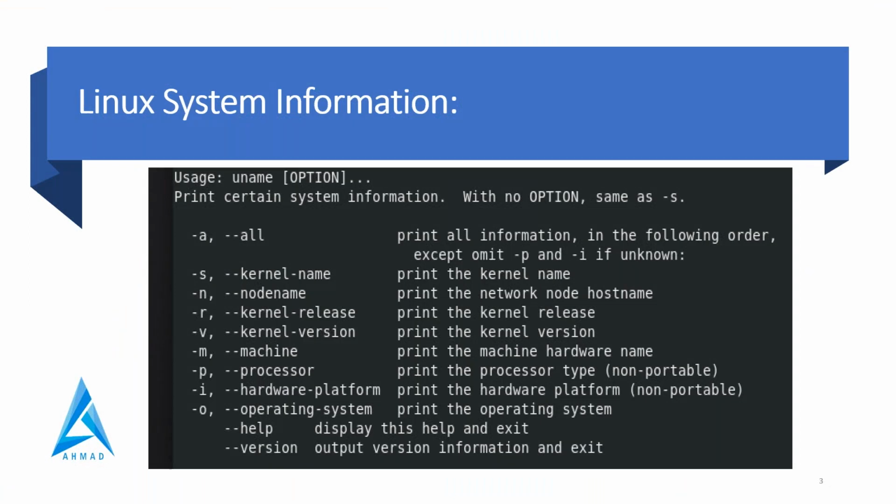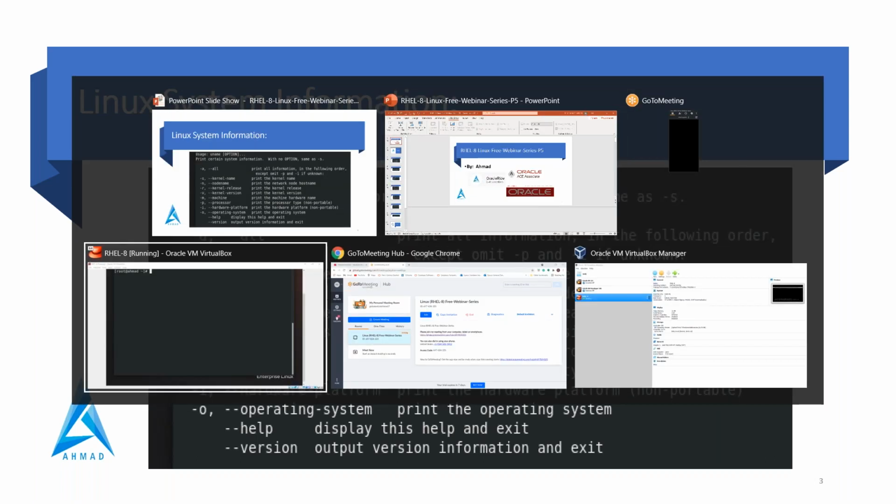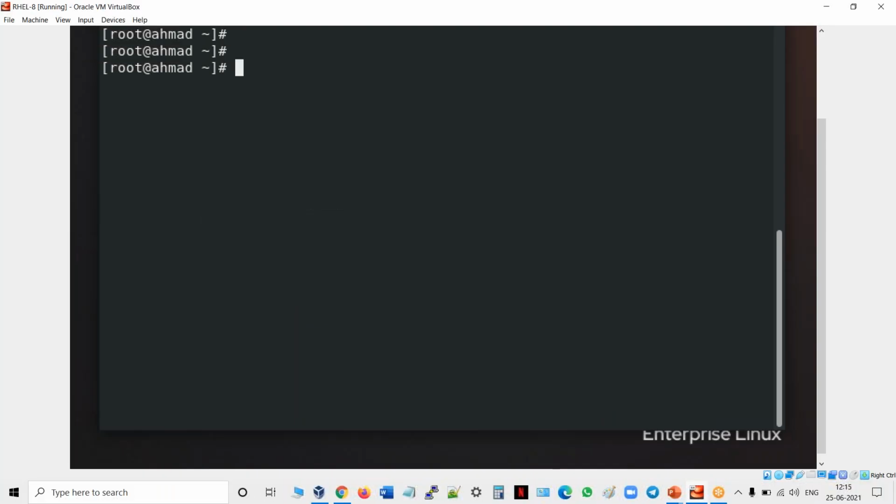In this, we have the command uname. Basically, uname will give you your system information. If I type uname, it will tell you about your system information. And if I say uname -s, both commands are the same.